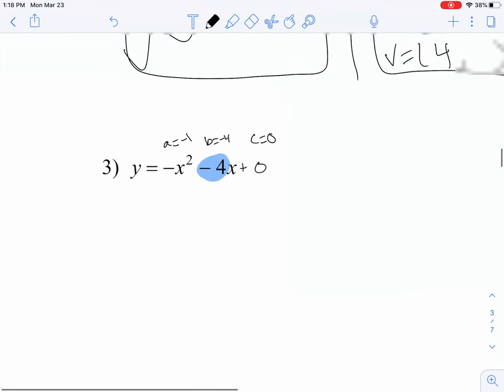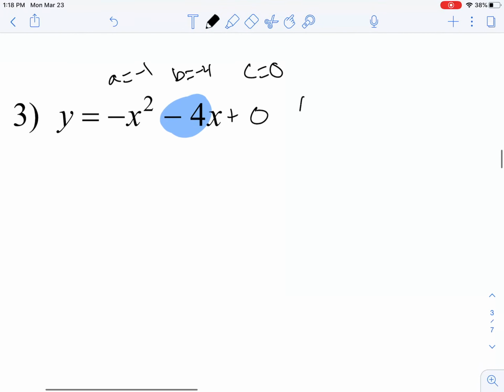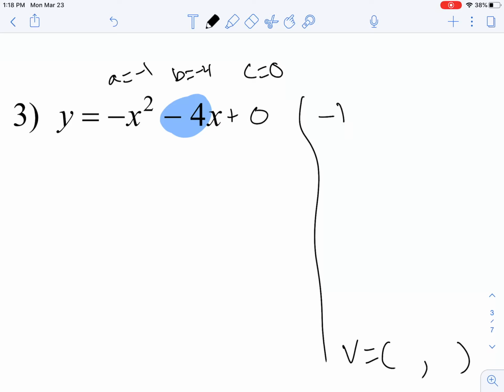All right, so let's build out our equation. I know I'm trying to find my vertex. We're using negative b over 2 times a. And so we're saying the opposite of my b value.